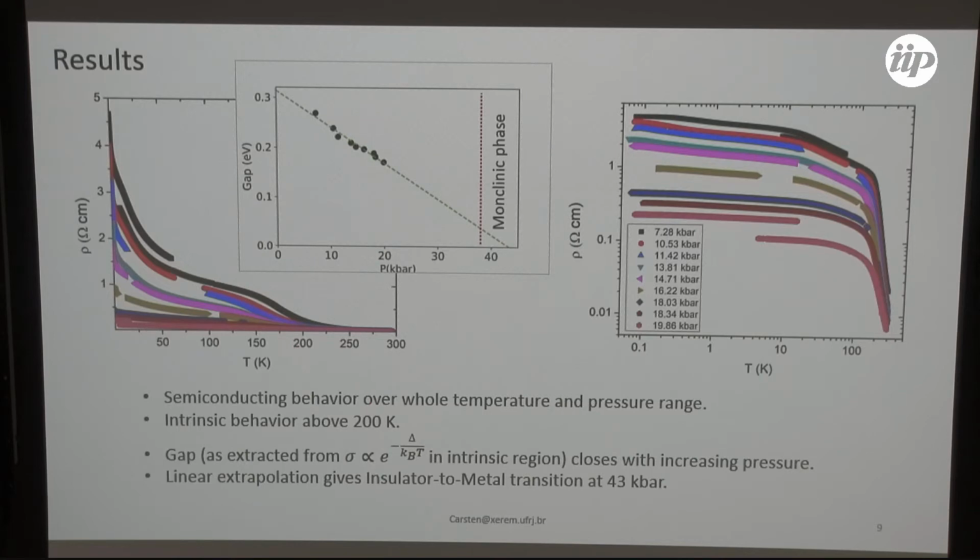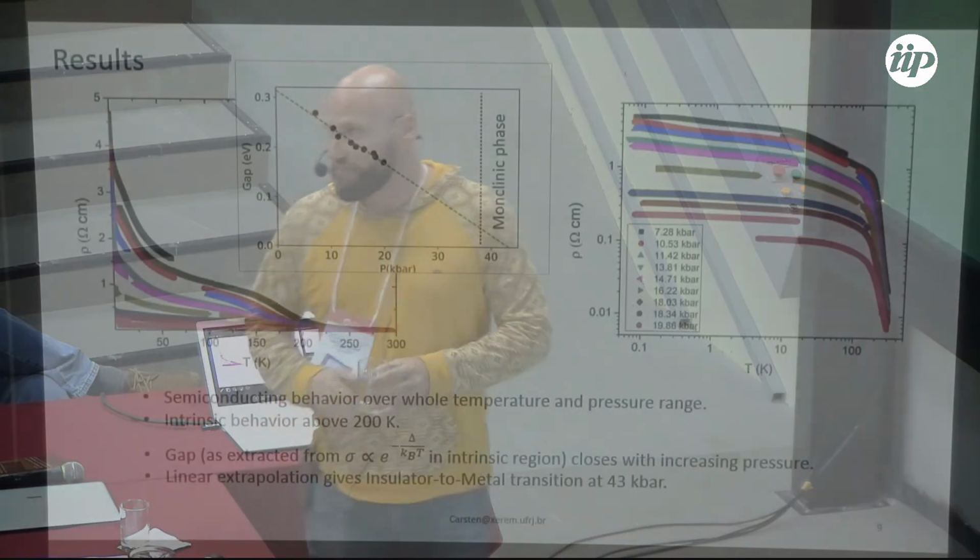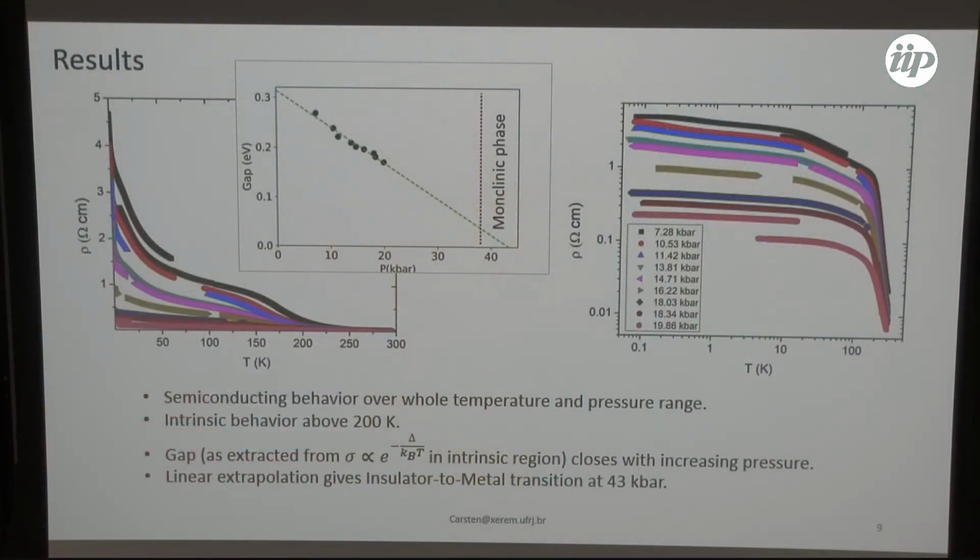Above 200 Kelvin, depending on the pressure, we have a good intrinsic behavior in that area, so we have a good way to extract the gap size. And when you extract the gap size, you can already see that we expect the gap to close after the transition to the monoclinic phase.